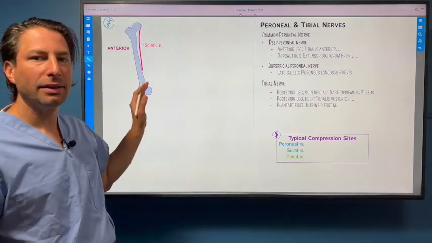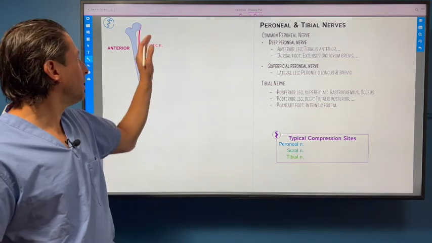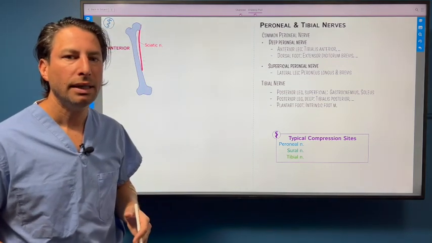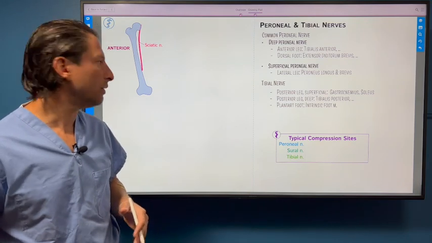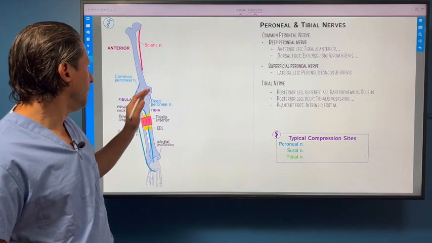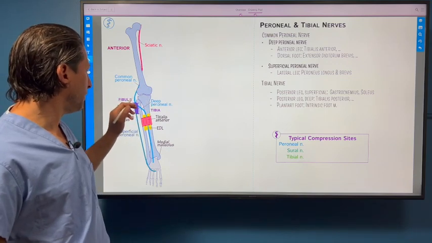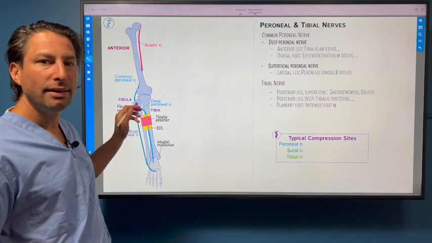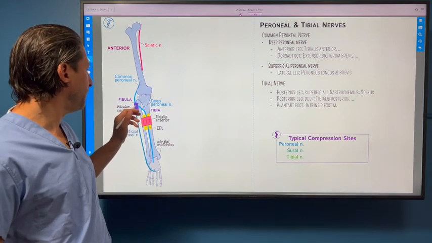So from an anterior aspect of the leg here, here's the sciatic nerve coming down. Now, obviously it's a posterior directed nerve, so we're going to see it go along the backside here, and then the common peroneal nerve wraps out, splits at the fibular neck, very key compression point.